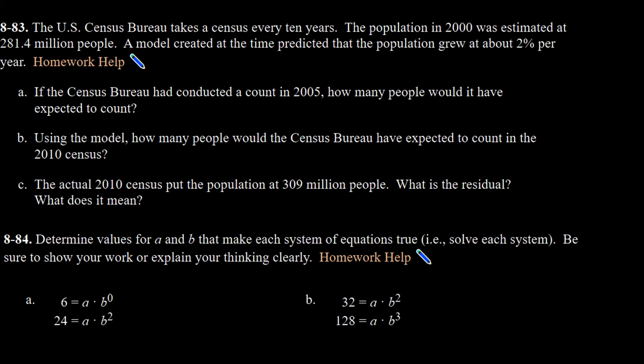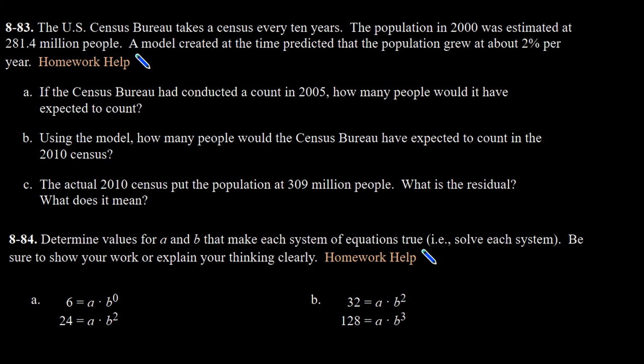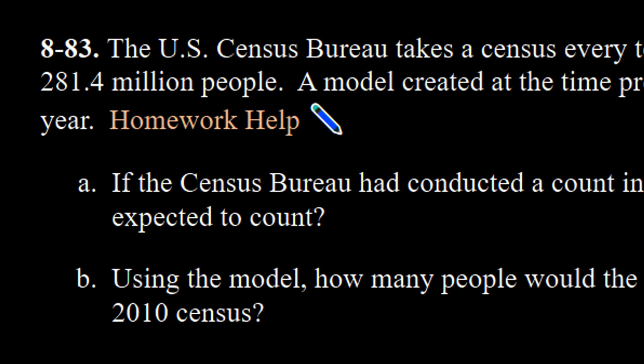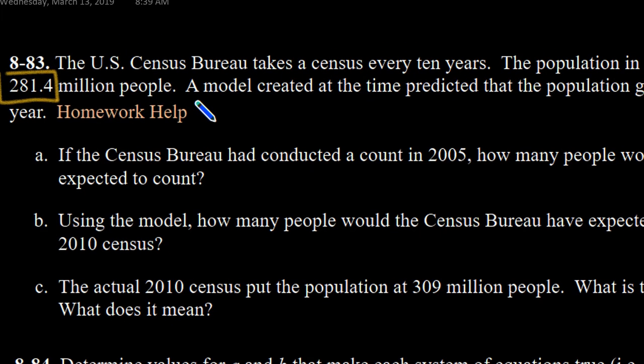The other thing that's here is they're giving us the zeroth term. They're telling us at this year 2000 the population was 281.4 million people. So using that, let's write down what we think the model should be.